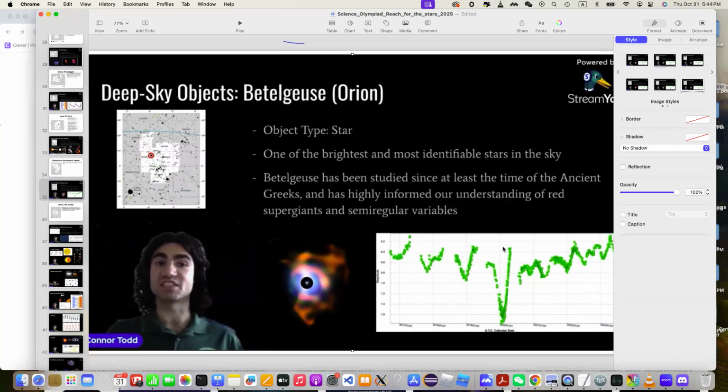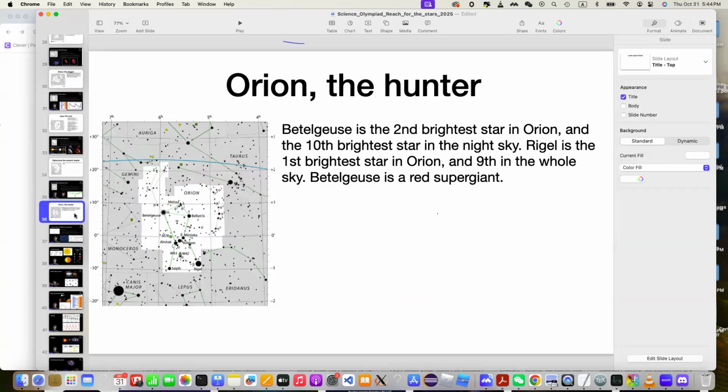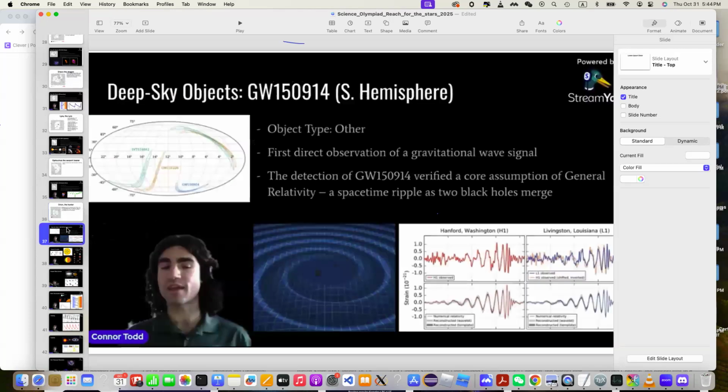Even though it is highly variable, it's not periodic. Betelgeuse is the second brightest star in Orion and the 10th brightest star in the night sky. Pretty bright.